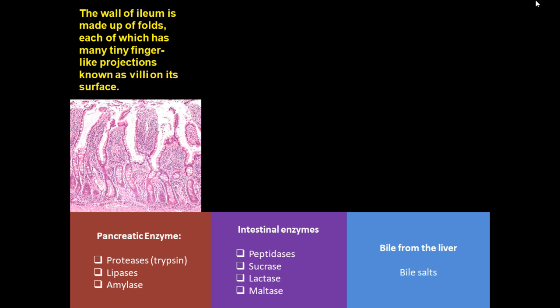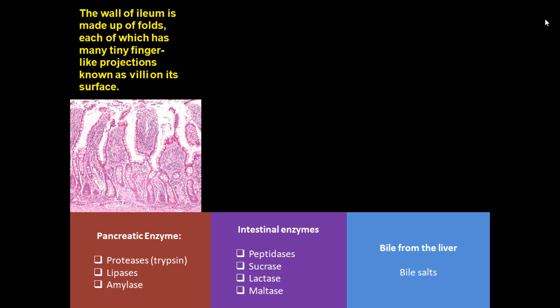Lipases break down fat emulsified by bile into fatty acid and glycerol. Amylase breaks down starch into maltose.